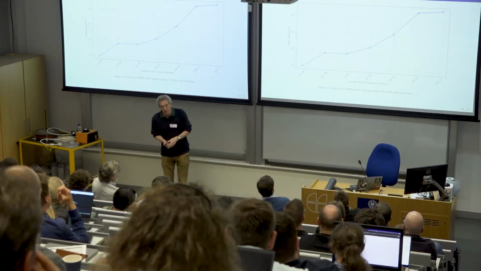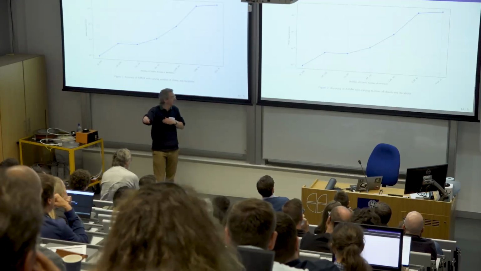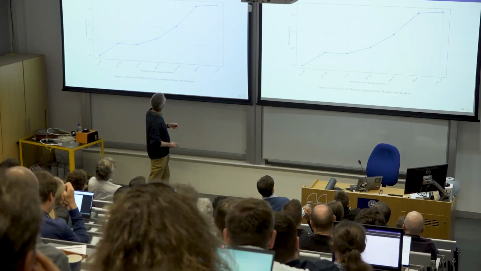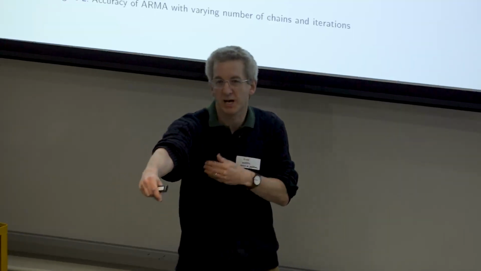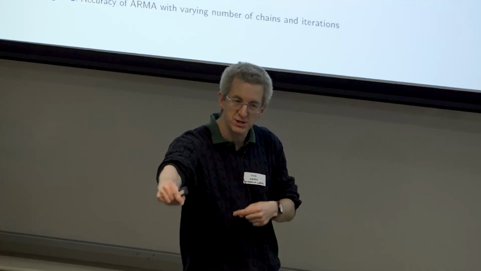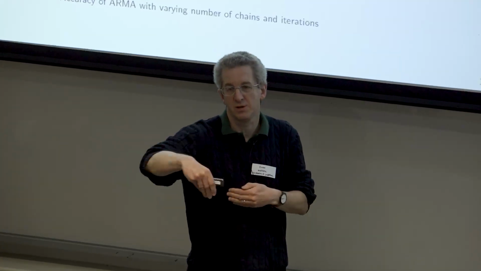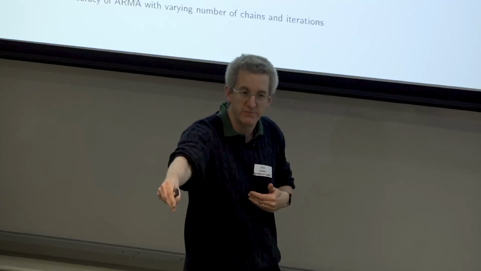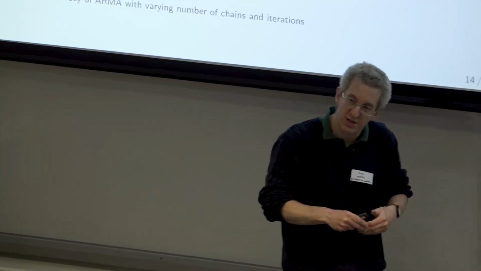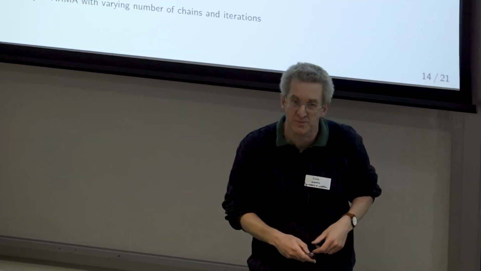Imagine you want to do, I think, 2048 iterations. You could do that with draws. You could do that by having one chain running for a long time, or larger numbers of chains running for shorter times.